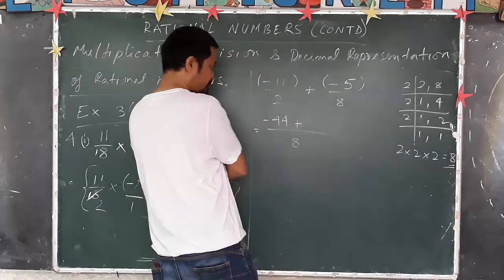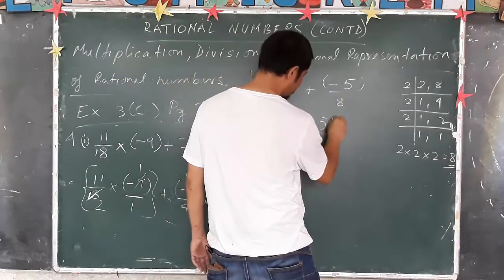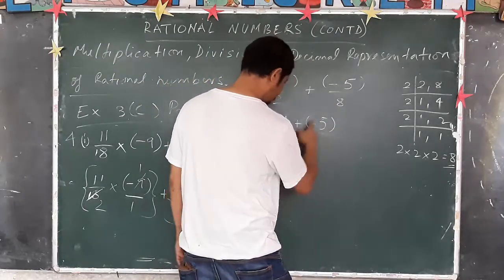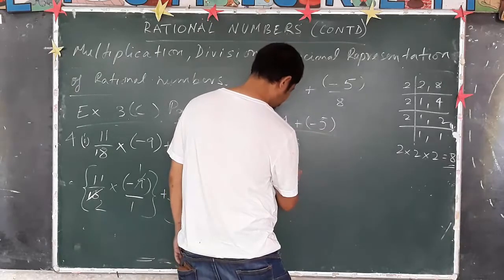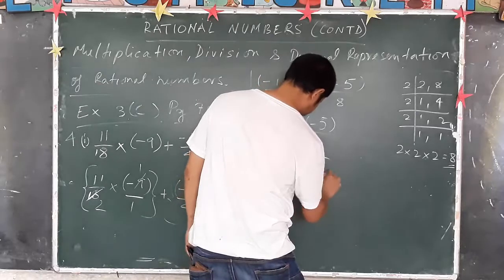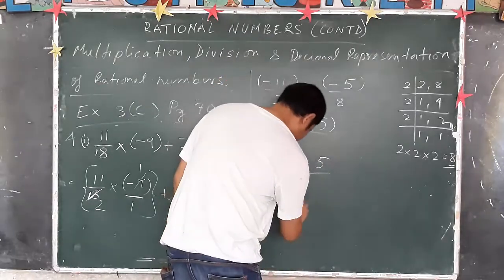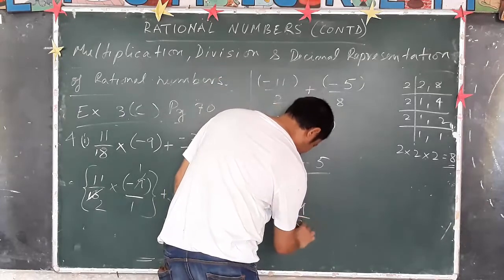Okay, 8 ones are 8, 1 5s are 5, plus into minus, minus. Okay, so compute this further. Minus 44 minus 5 upon 8.